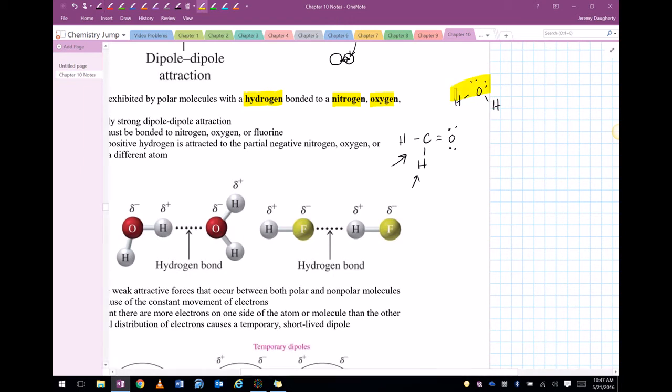So here's something that can show hydrogen bonding, and here's something that can't. But remember, the hydrogen bond is between two different molecules. So this hydrogen will form a force of attraction with this other molecule's oxygen. That is a hydrogen bond force of attraction.